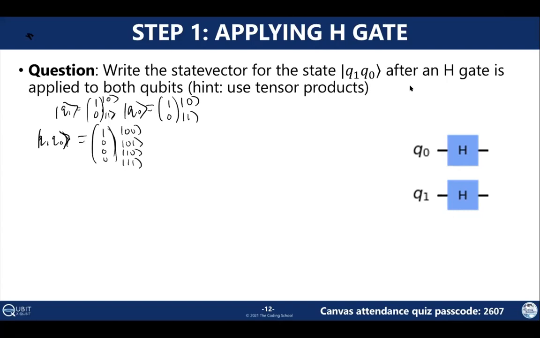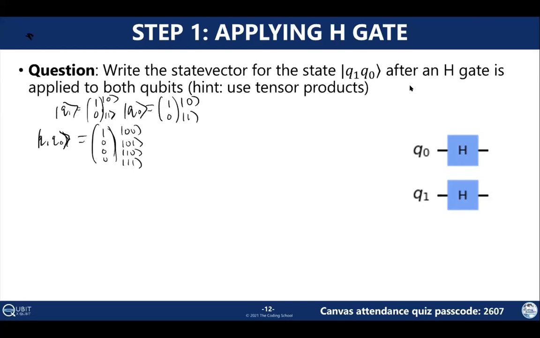So before I do the slightly more annoying, but very useful math, what would you guys guess is the state vector after we've applied a Hadamard gate to both qubits? Okay, I'm not getting any guesses.